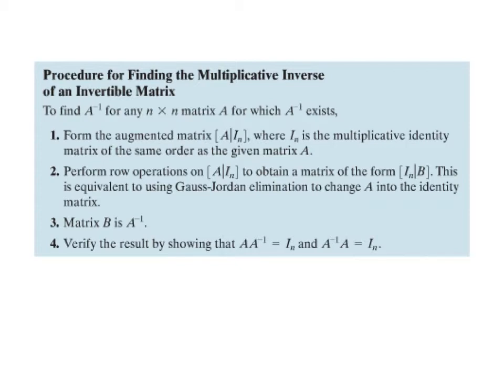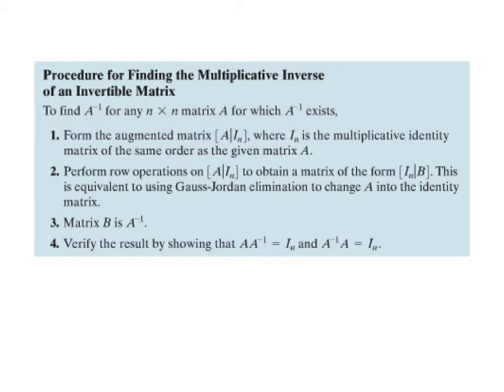Okay, now let's go through these procedures step by step. The first step would be to form the augmented matrix of A, the given matrix, joined with the identity matrix of the same size. Now remember, A must be a square matrix.